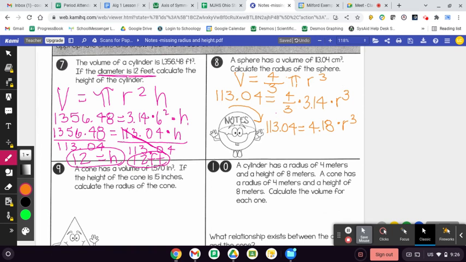To get r by itself. R cubed is getting multiplied by 4.18. What's the opposite of multiplying by 4.18? Let's divide both sides by 4.18. 113.04 divided by 4.18.